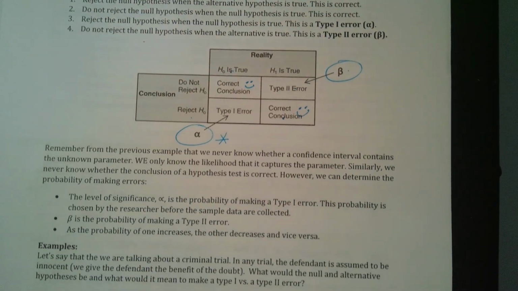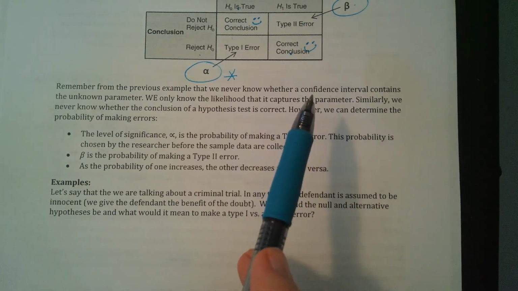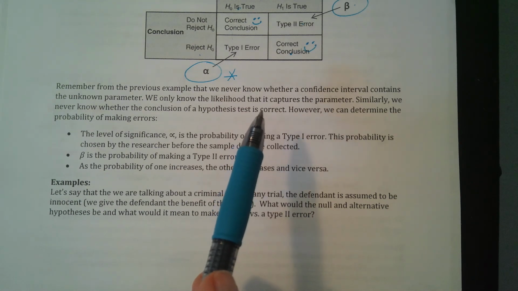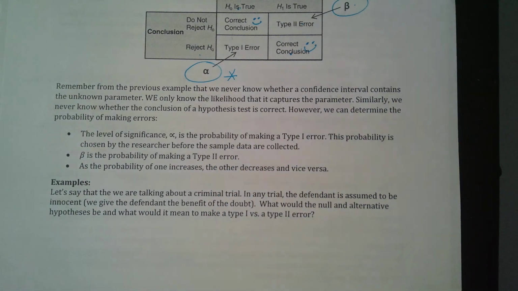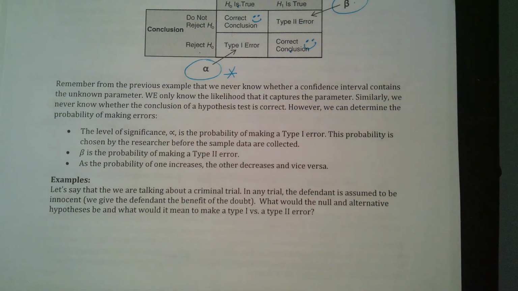So remember from the previous example that we never quite know whether a confidence interval contains that unknown parameter. We only know the likelihood that it might capture that parameter. Similarly, we never quite know whether the conclusion of the hypothesis is correct. However, we can determine the probability of making some errors, like, for example, an error of alpha.